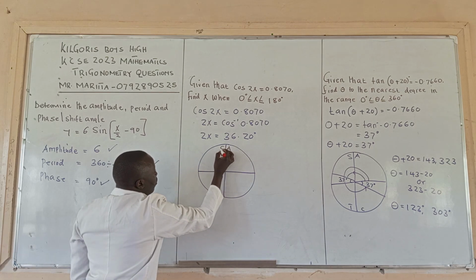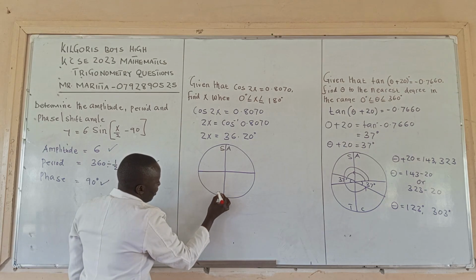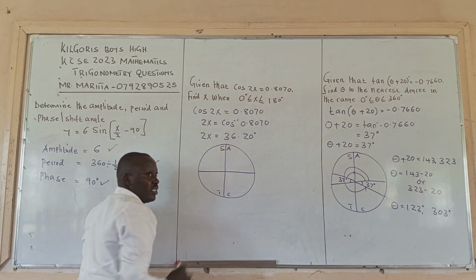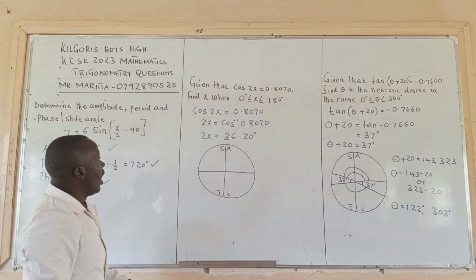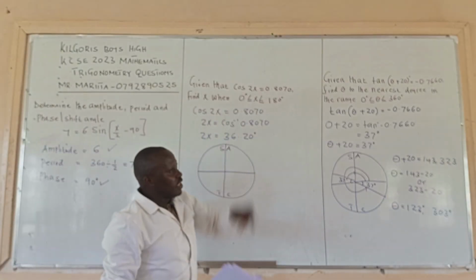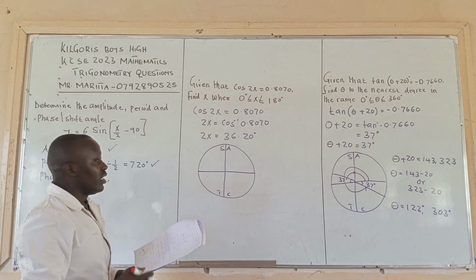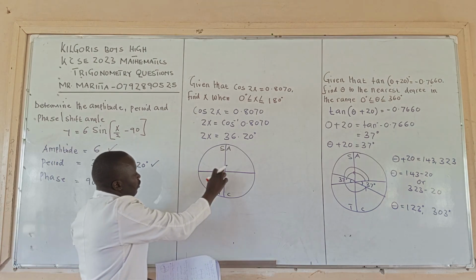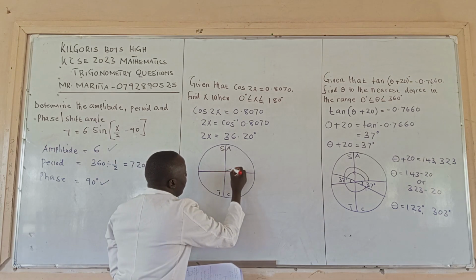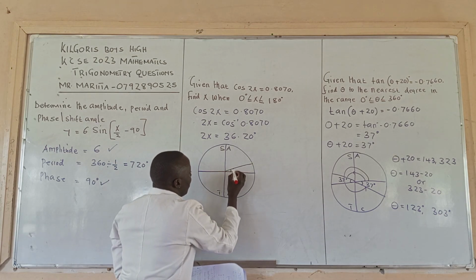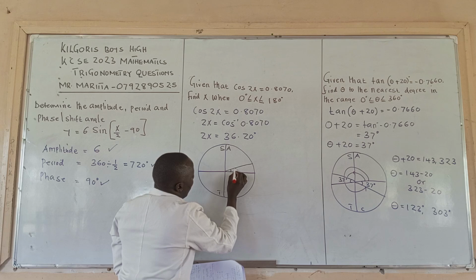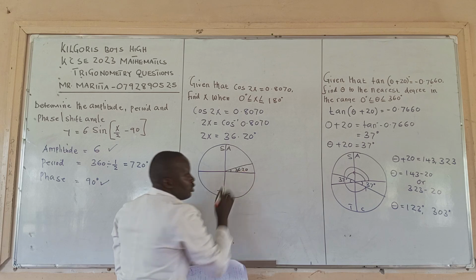In the second quadrant only the sine is positive, in the third the tangent is positive, and in the fourth the cosine is positive. Now, our cos is positive. So we find it in the first quadrant, where we have the angle 36.20.